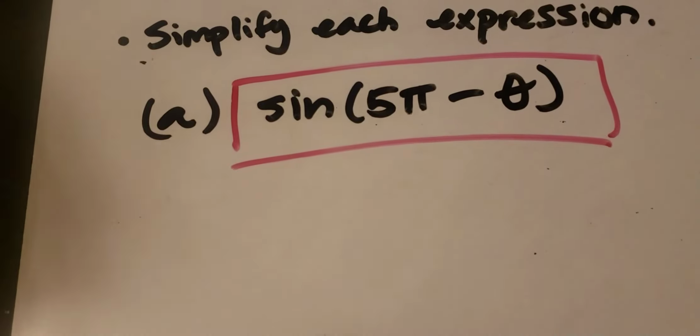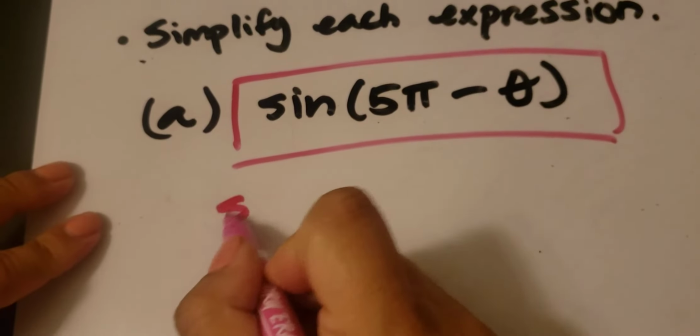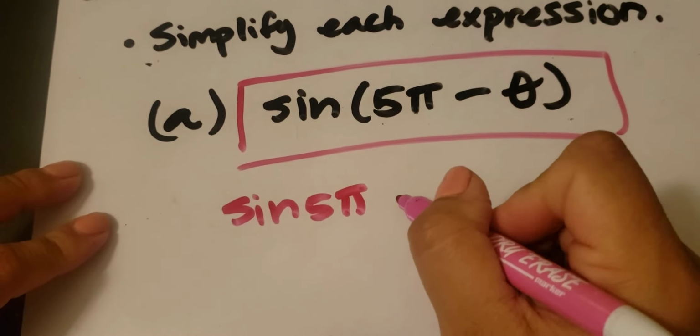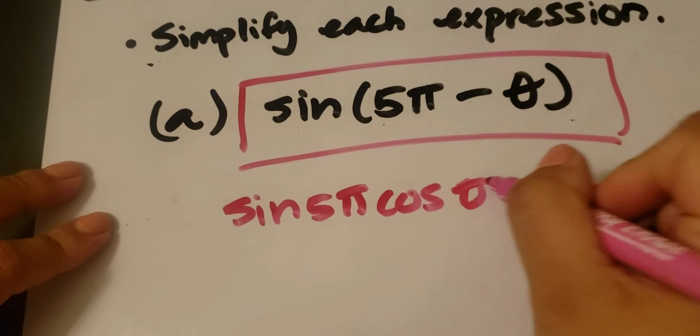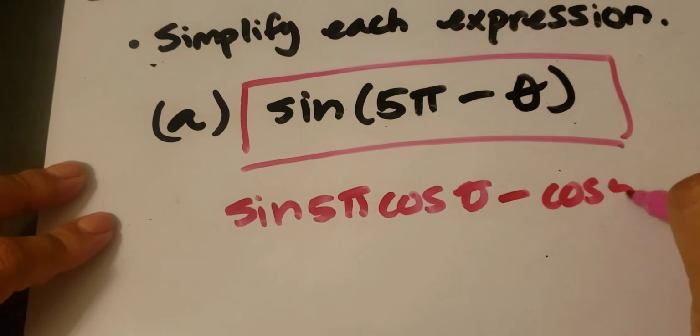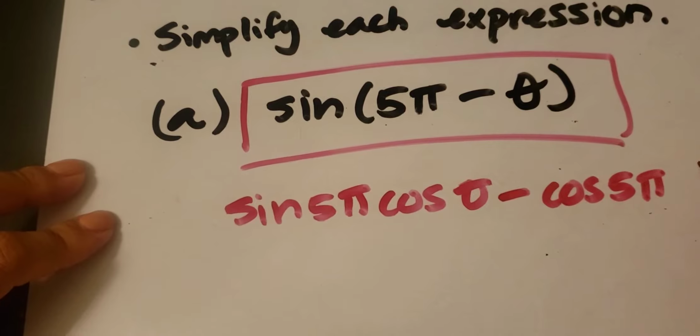According to the formula, I should end up with sine of 5 pi times cosine of theta minus cosine of 5 pi times sine of theta.